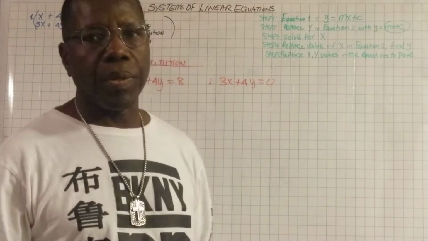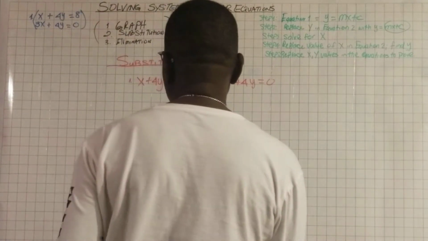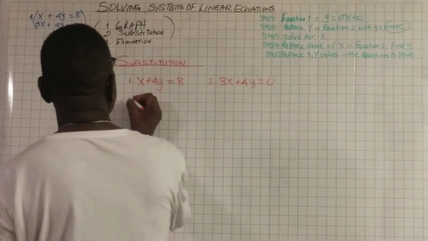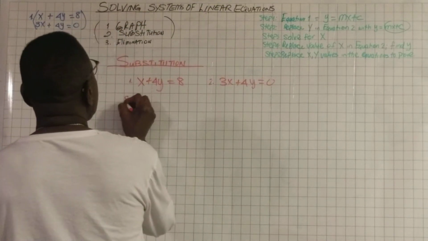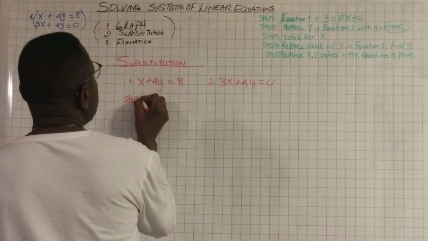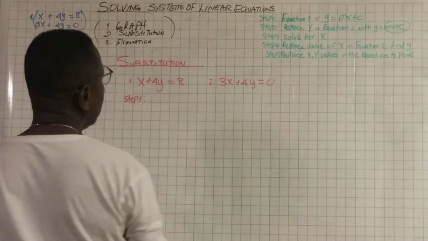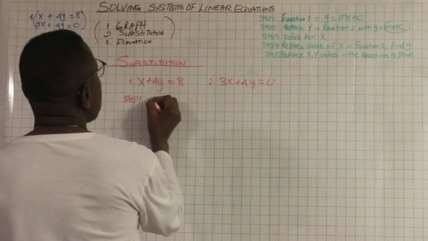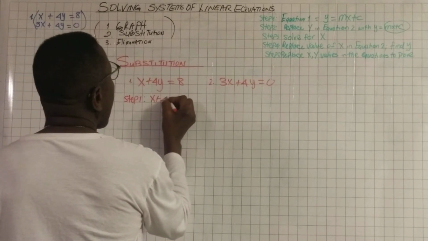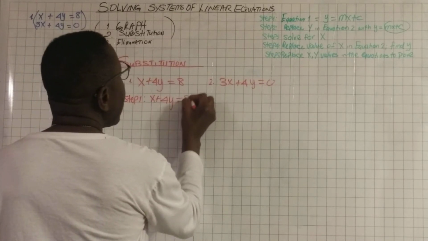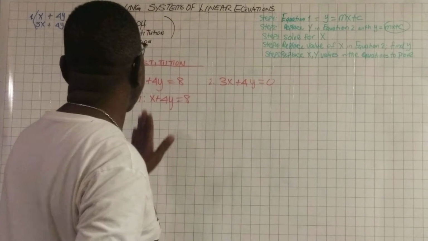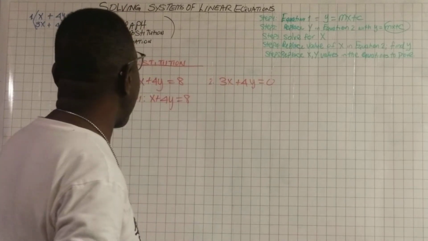Okay, so let's go ahead and do that. First step, equation 1. Step 1, write the equation into its original form before you start. x plus 4y is equal to 8. Now let's write this in the form y equal to mx plus c.